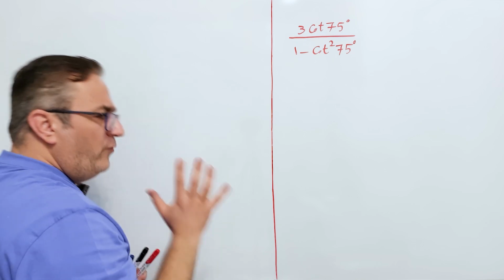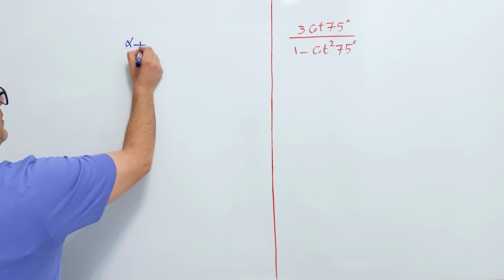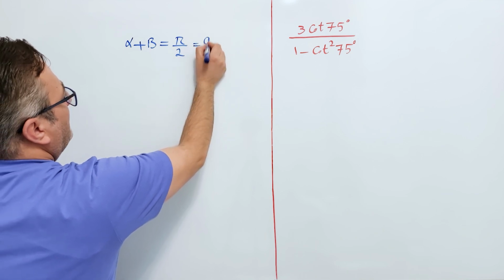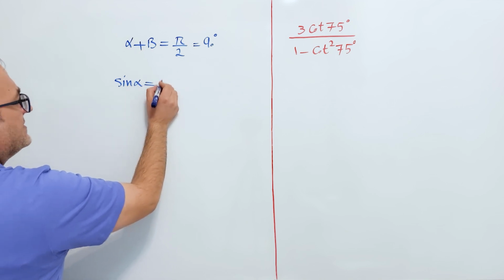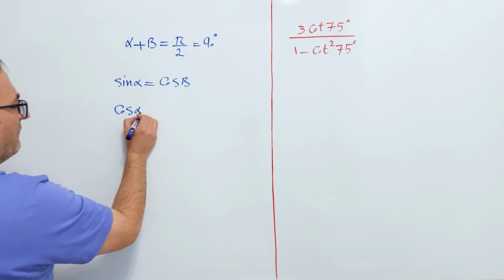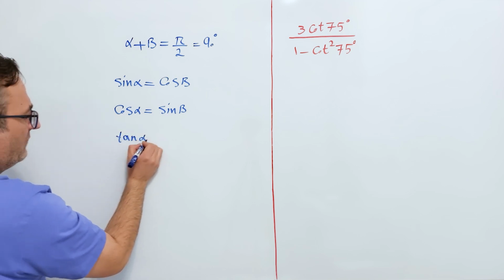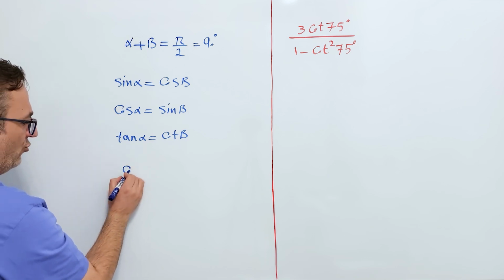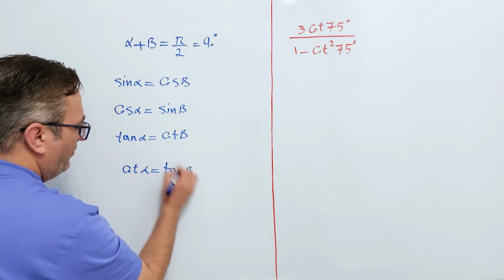Okay, always remember, if alpha plus beta is equal to pi over 2 or 90 degrees, then sine of alpha is equal to cosine of beta, or cosine of alpha is equal to sine of beta, and tangent of alpha is equal to cotangent of beta, and finally cotangent of alpha is equal to tangent of beta.